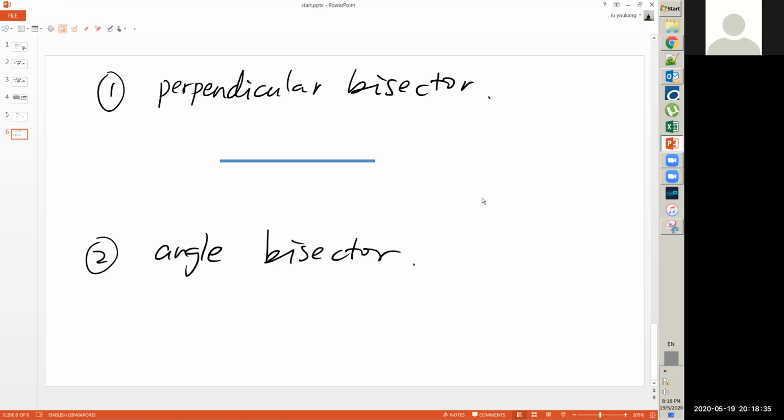What's the meaning of perpendicular? 90 degrees. Yep, it should be 90 degrees. And then what's the meaning of bisector in English? Basically it cuts something into half.